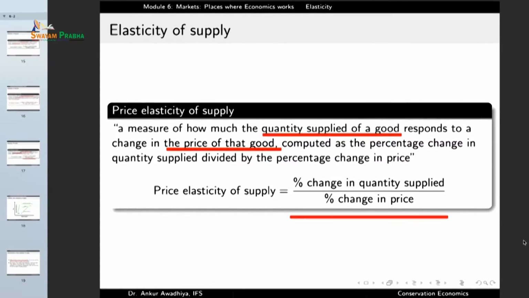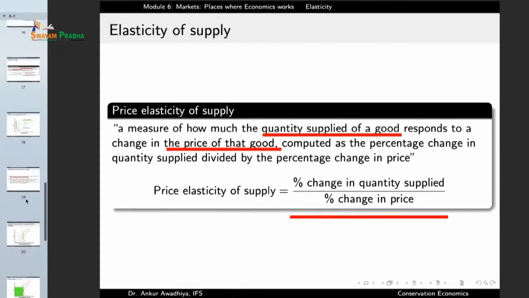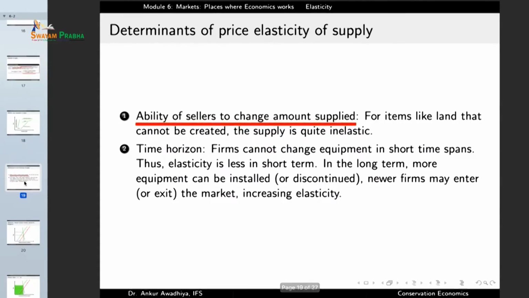So if the quantity supplied cannot be changed for a thing such as land that cannot be created, we will have a numerator that is 0. And in that case, the price elasticity will be 0, or that would mean that it is completely inelastic. So the ability of sellers to change the amount that is supplied governs the price elasticity of supply.